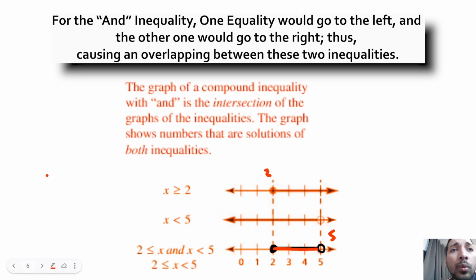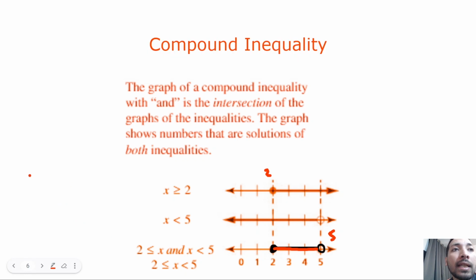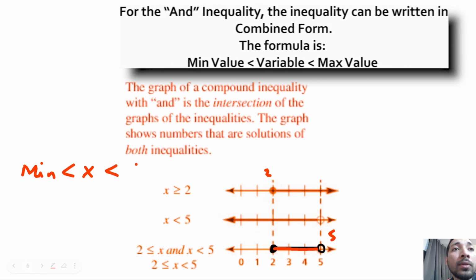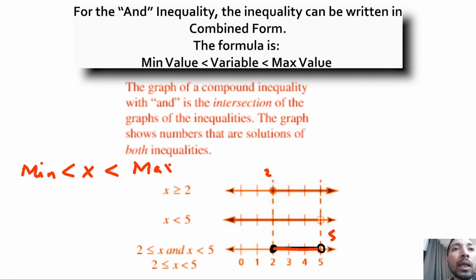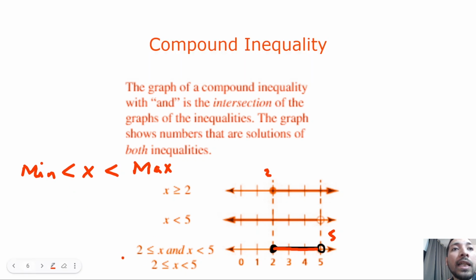Now, we can see that if we have the compound inequality with and, we can also rewrite this as the minimum value less than, or you can have less than or equal to, then the variable x less than or equal to maximum value. This is applicable for the compound inequality with and. You can see that this 2 is the minimum value and this 5 is the maximum value. This is the intersection part between these two inequalities.